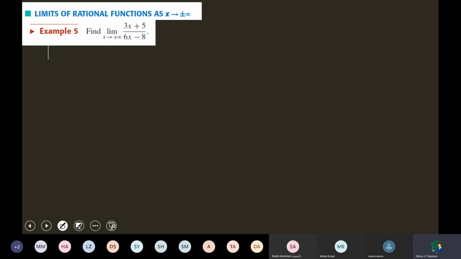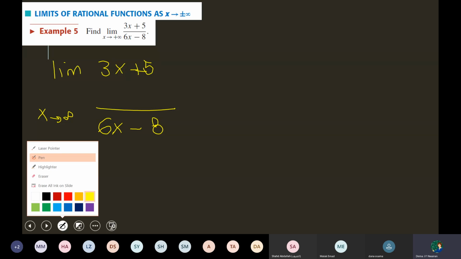Here, I will choose the highest power of the rational function, which is x. So it will be the limit of 3x plus 5 over 6x minus 8.